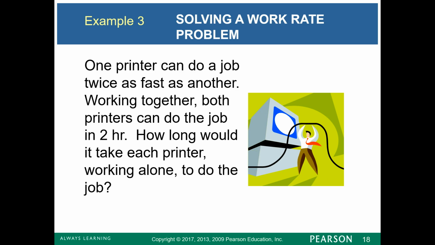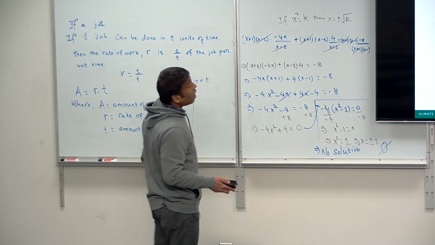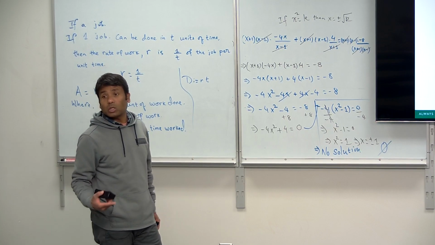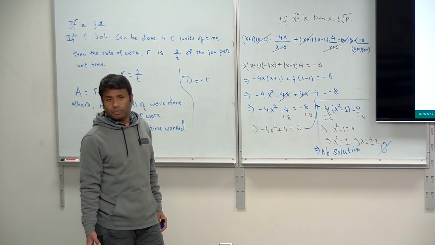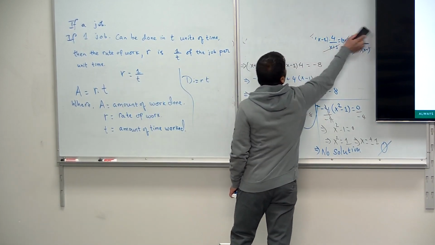Any idea? So, did you understand the problem? We have two types of printer, right? One is fast, another one is slower. The fast printer can do a job twice as fast as the slower printer, right? So now let's assign the variable.